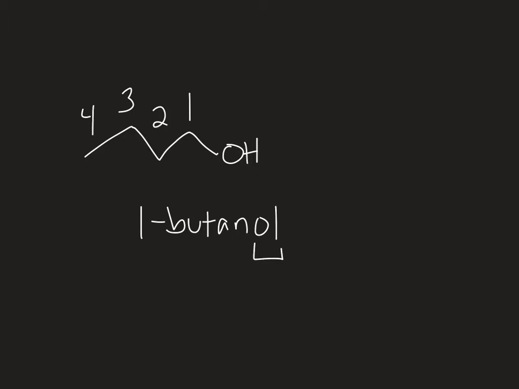This OL is what tells me that I have an alcohol on my chain. And instead of having an E there, OL is the modifier for an alcohol. You could also put the locant right before the modifier, so you can either say 1-butanol or butane-1-ol. Either one of those is appropriate.